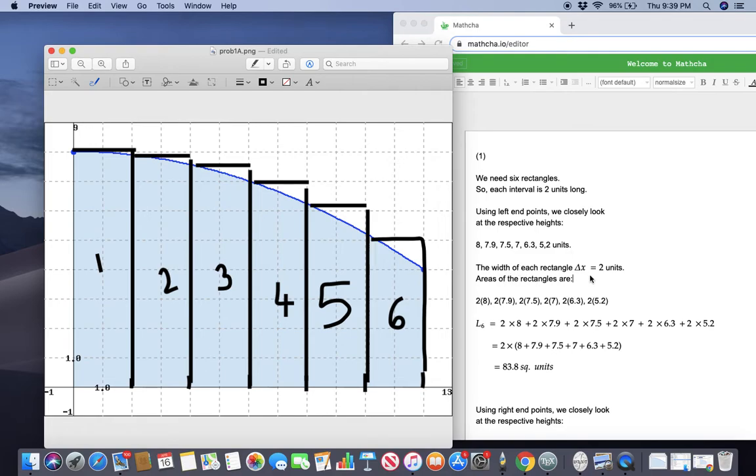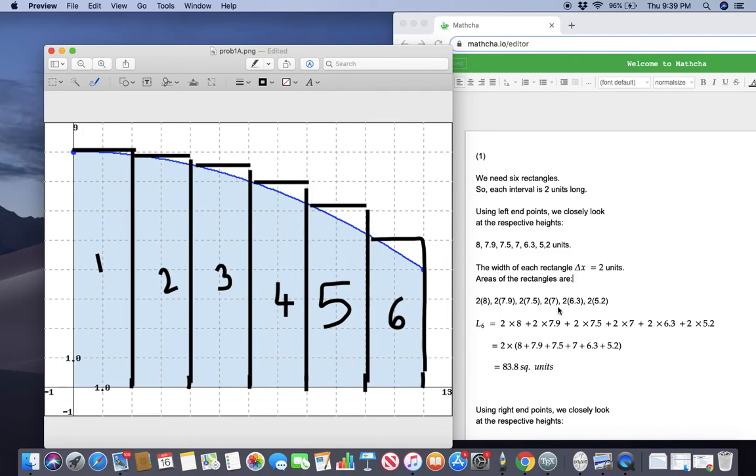Width of each rectangle is denoted by delta x. It is 2 units. So what's the area of each piece? Width times height, width times height, and so on. So for the sum of all these areas, I'm just writing 2 times 8 plus 2 times 7.9 and so on.